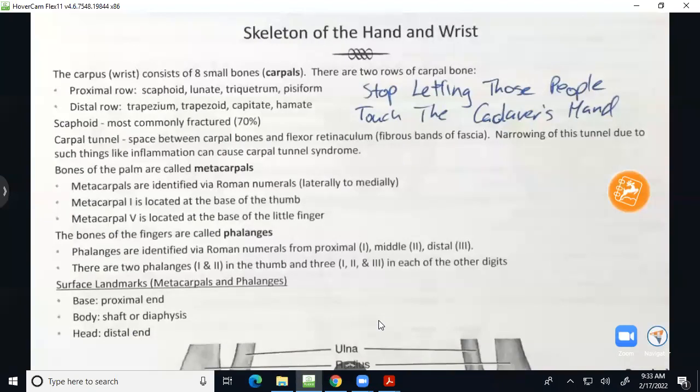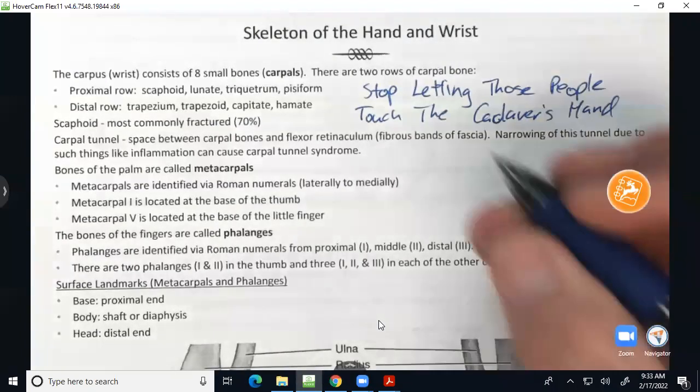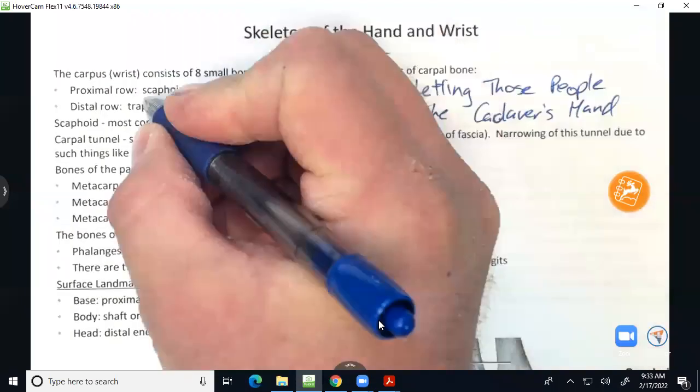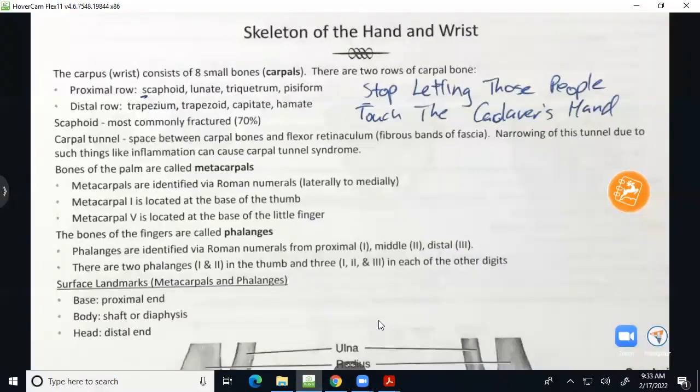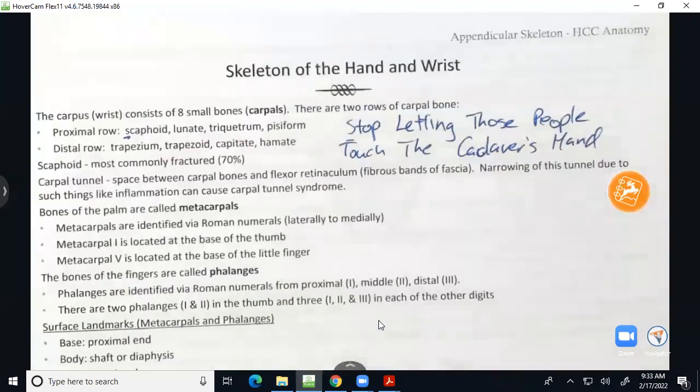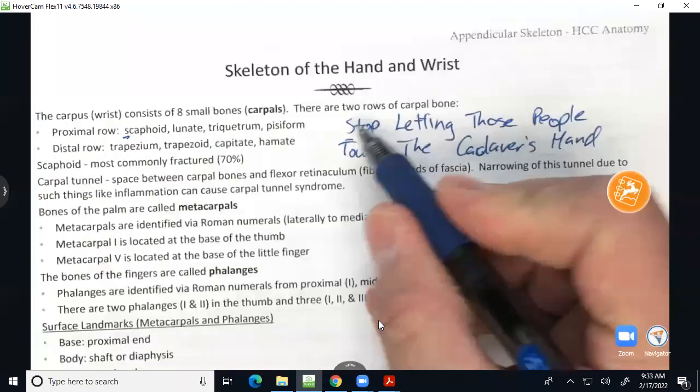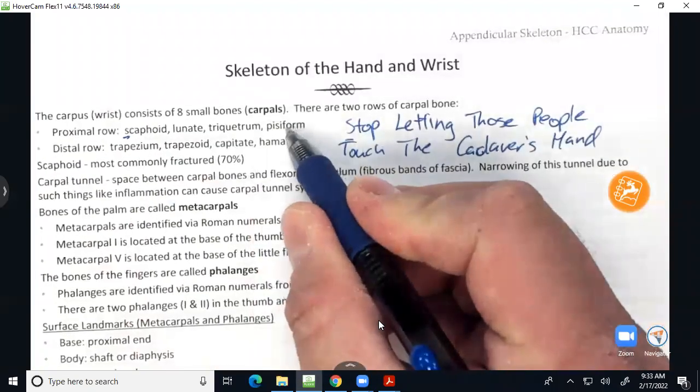And notice I capitalized the first letter of each of those words. I wrote them 4 words across and then 4 words on a second row. The first letter of each of these corresponds to the first letter of each of the bones. So S for stop, S for scaphoid, all the way through cadaver's hand, that would be capitate, hamate. Now the way that it goes is from scaphoid across to pisiform.